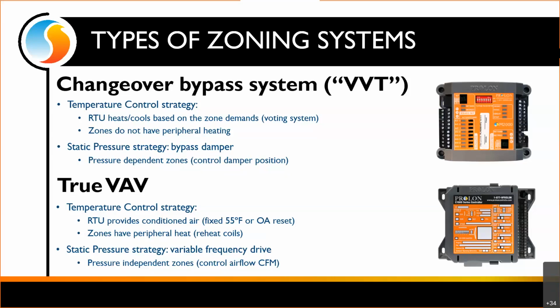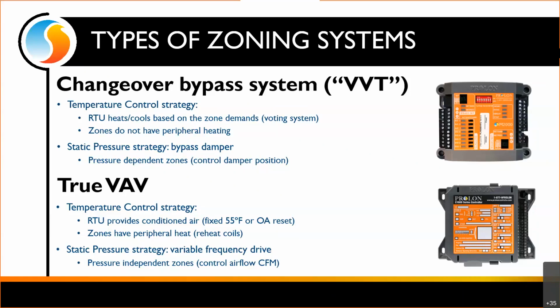With ProLon, we are able to cater to both kinds of systems. And just so you know, we have seen a little bit of mix and match sometimes, where some people will take one concept from one system and they will apply it to the other one.